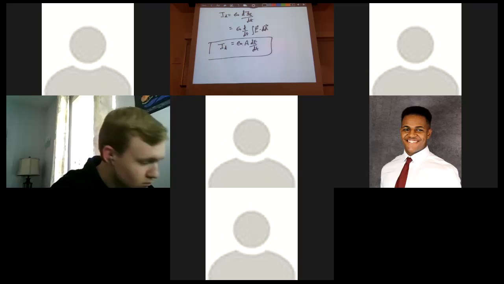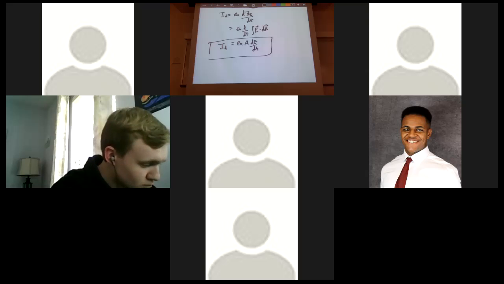Okay. Now the other part, it wants to know what's the direction. Well, remember that the displacement current goes in the direction of the change, not opposite to the change, which means that if your electric field is increasing, you induce an electric field in the same direction as the external electric field since it's increasing. If it's decreasing, then you induce an electric field in the opposite direction of the external electric field to enhance the change.